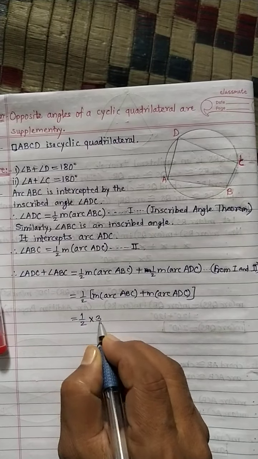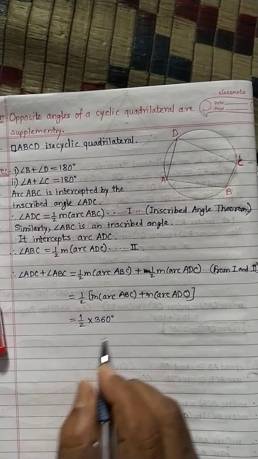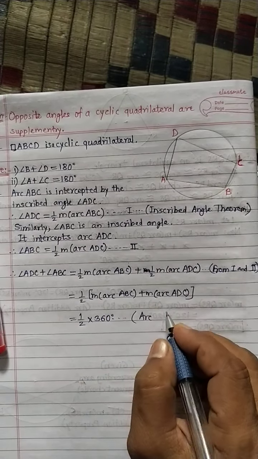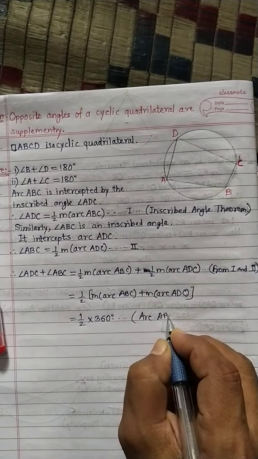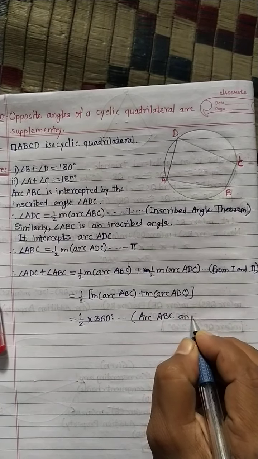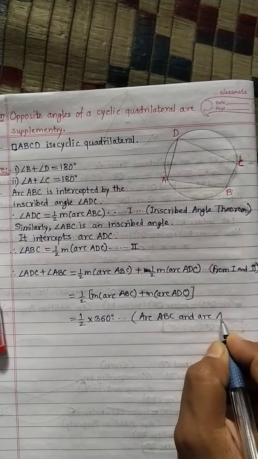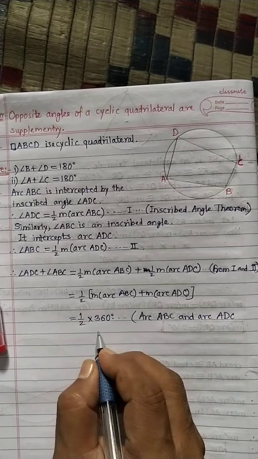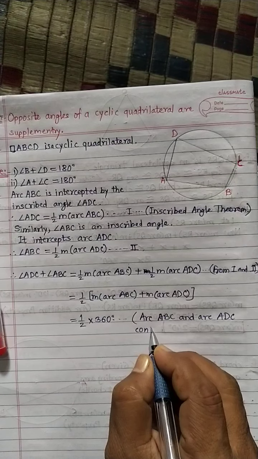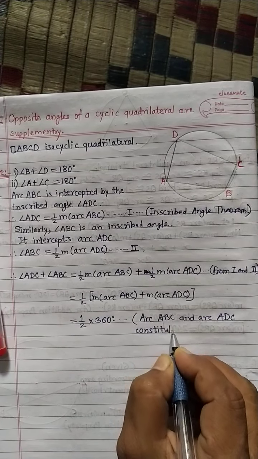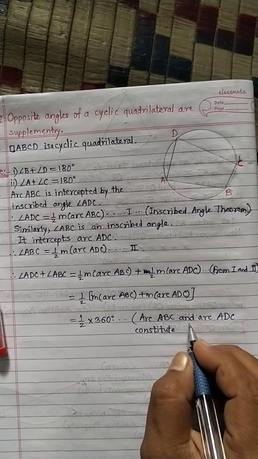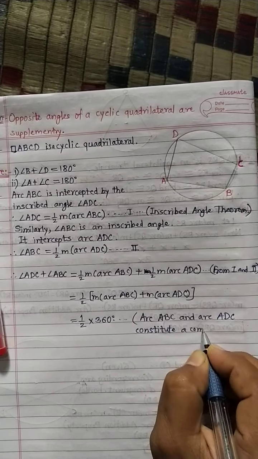So here 360 degrees. The reason is arc ABC and arc ADC constitute a complete circle.